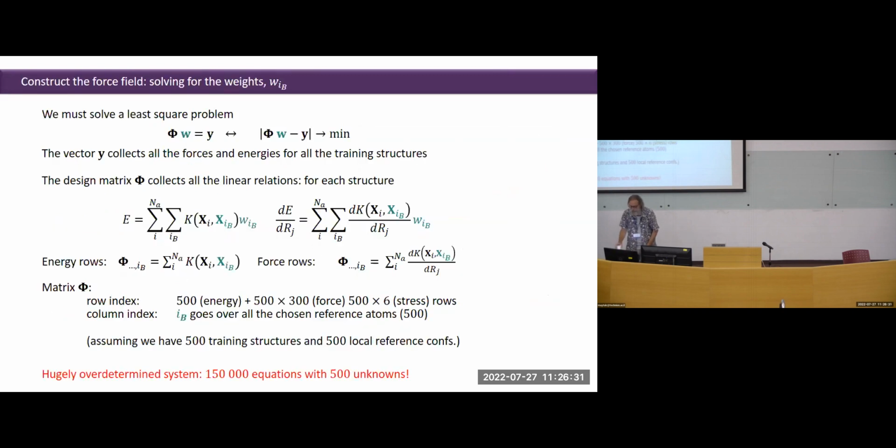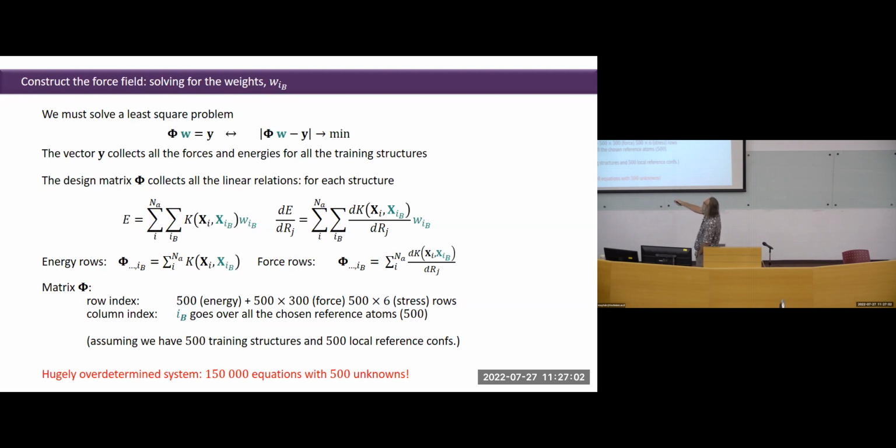So now we come to, so what did we now discuss? Basically, we had selection of training structures and selection of local environments, but not how we then actually train. So the training is solving a least square problem for these weights, for these quadrature weights, by which we multiply the similarity kernels.